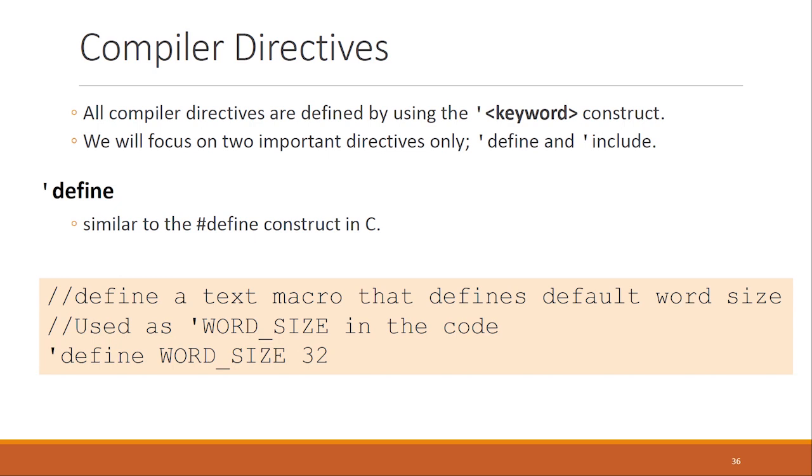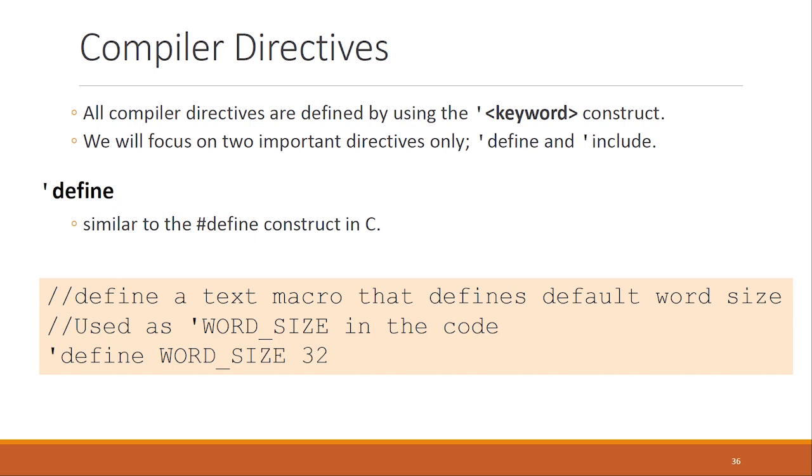And here we'll focus only on two important directives, that is apostrophe define and apostrophe include. You can use this apostrophe define to define a constant or something like that. You have used this hash define construct in C. Here the same thing you can do with apostrophe define syntax.